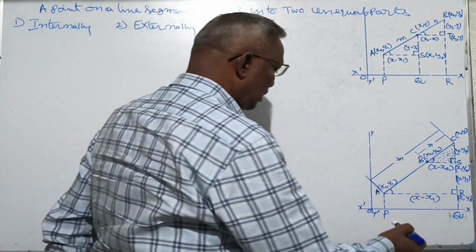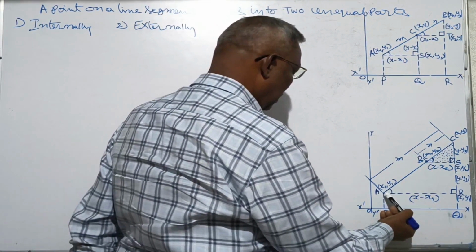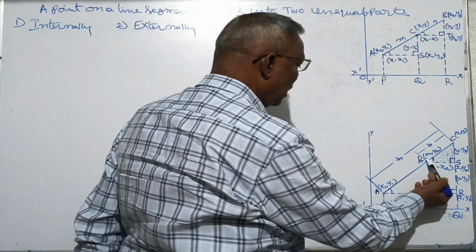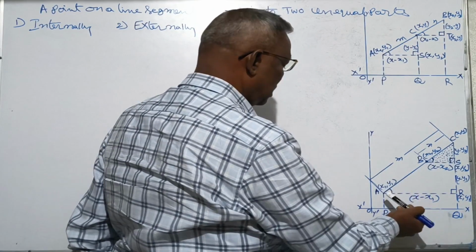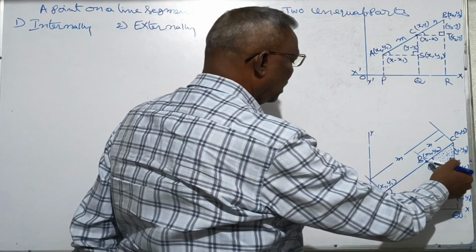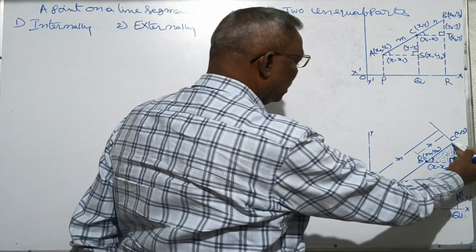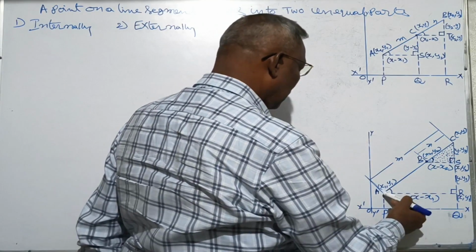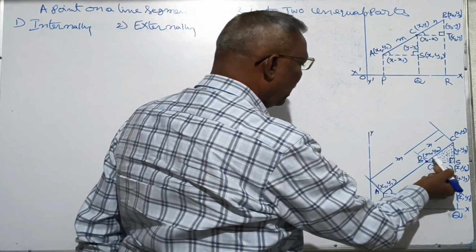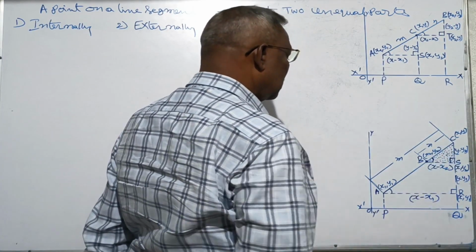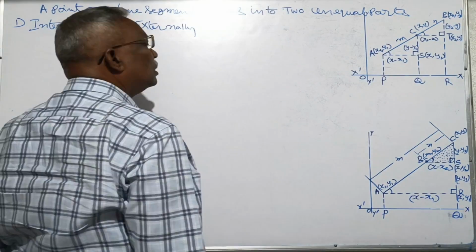Similarly, the same line segment AB divides into two unequal parts externally, that is, outside. Here, from A to C is M, and B to C is N. That is the M is to N ratio.